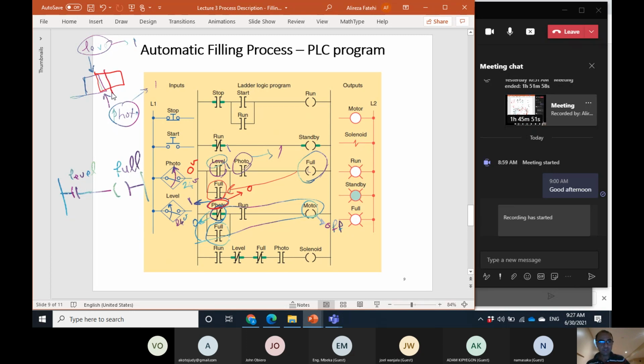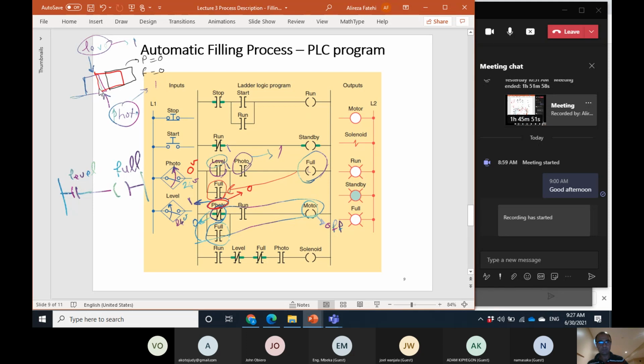When the box reaches somewhere, for example, at this point, you see that the photosensor becomes 0. And so at this point, the photo becomes 0 and the full also becomes 0.